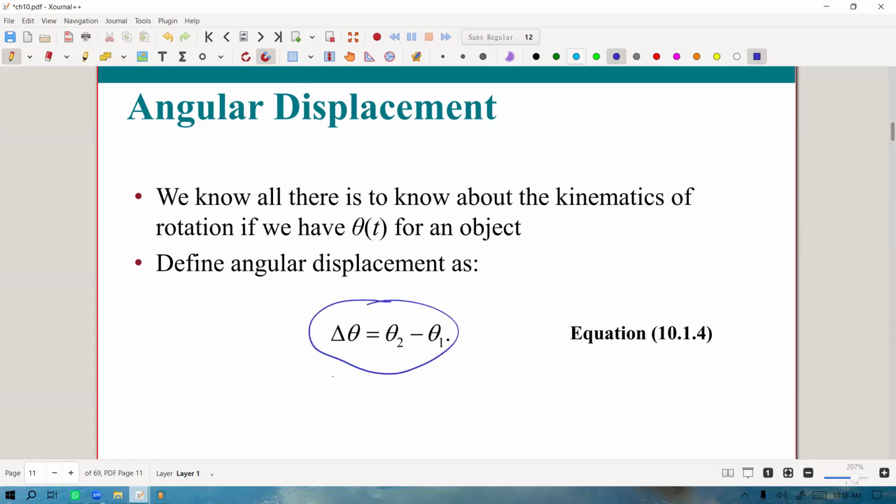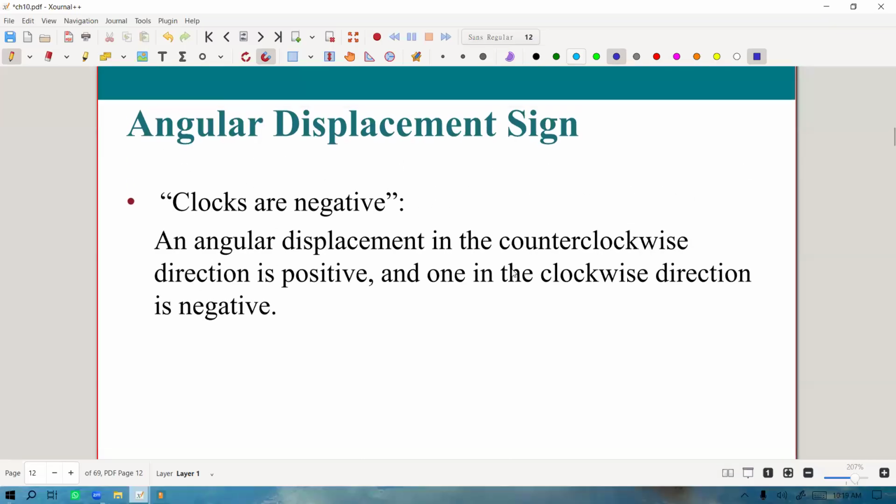So usually we use delta theta as theta final minus theta initial, the final position minus the initial position. So this one is the angular displacement sign. An angular displacement in the counterclockwise direction is positive, and one in the clockwise direction is negative.